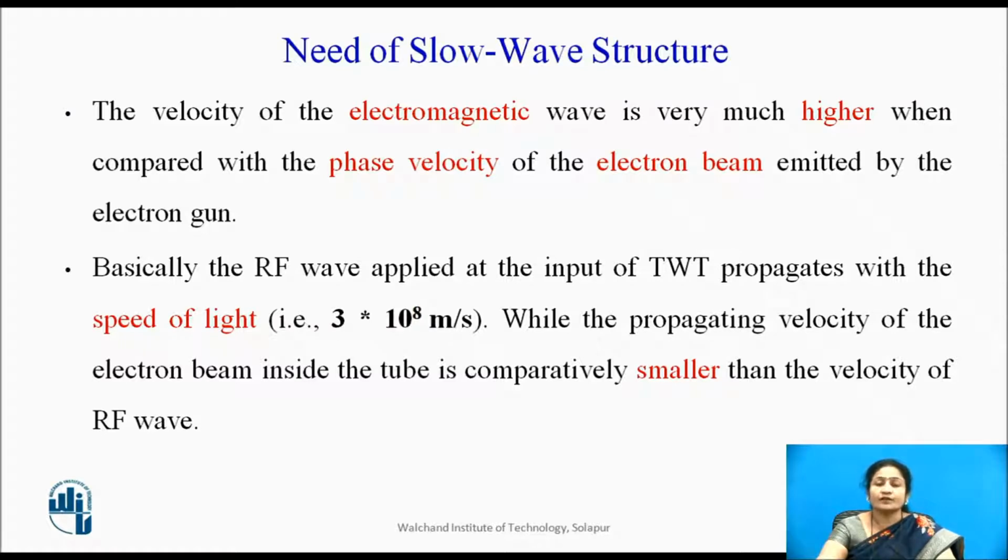As we know, the velocity of the electromagnetic wave is much higher as compared to the phase velocity of the electron beam which is emitted from the cathode through the electron gun.